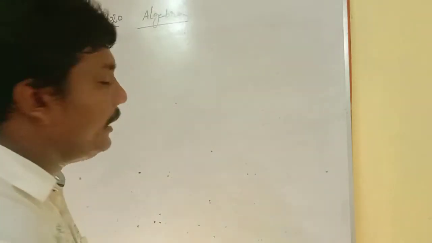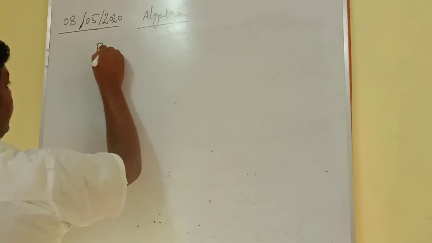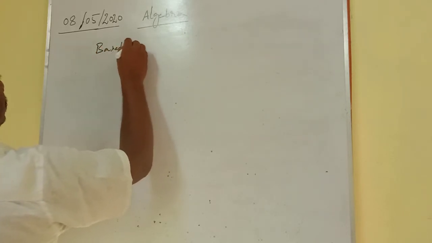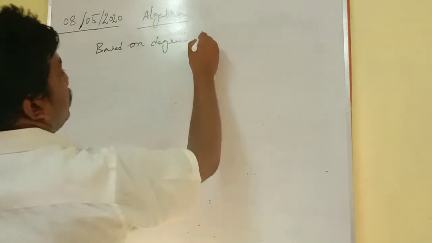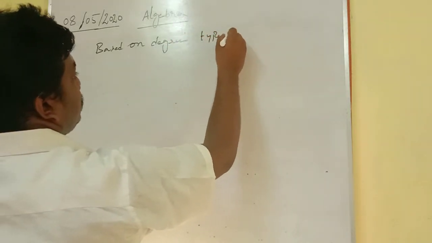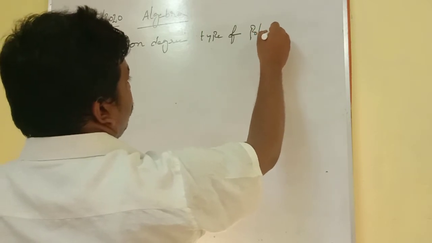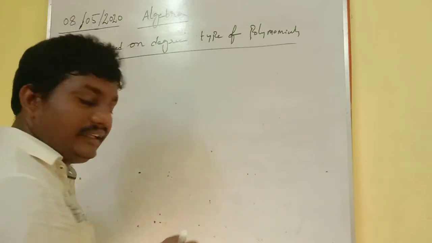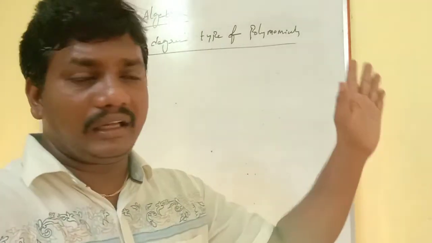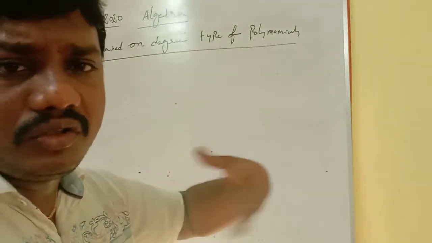Now, based on the degree, we can categorize the polynomials. Types of polynomials. Based on terms we can categorize them as monomial, binomial, trinomial, multinomial, and also polynomials.